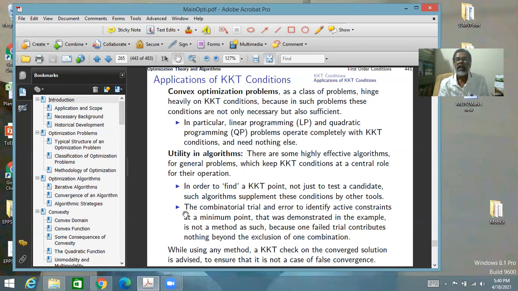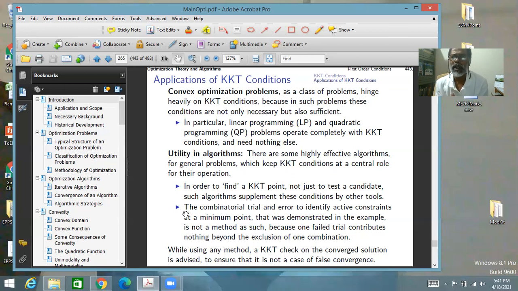Now, even in those algorithms which do not use KKT conditions directly in the algorithmic steps, even there, after the algorithm has provided you a final solution, it is important that you check the solution against KKT conditions. In fact, this is a matter of professional discipline in the field of optimization, that whatever an algorithm puts forward to you as the final solution at the end of it, you should always check with KKT conditions to satisfy yourself that it is not a case of false convergence.